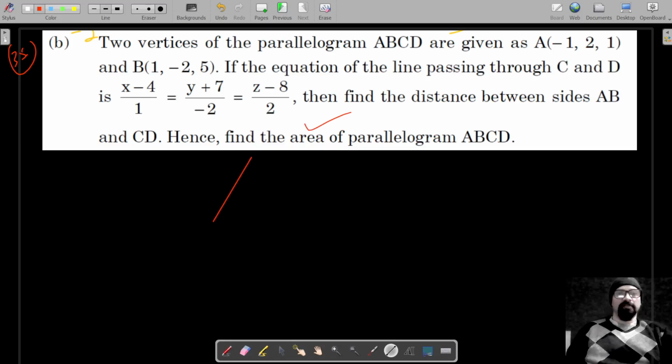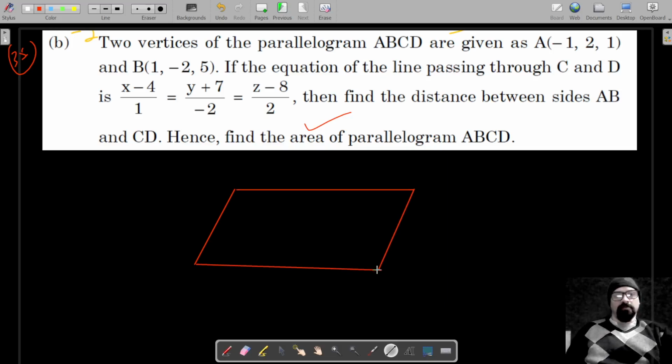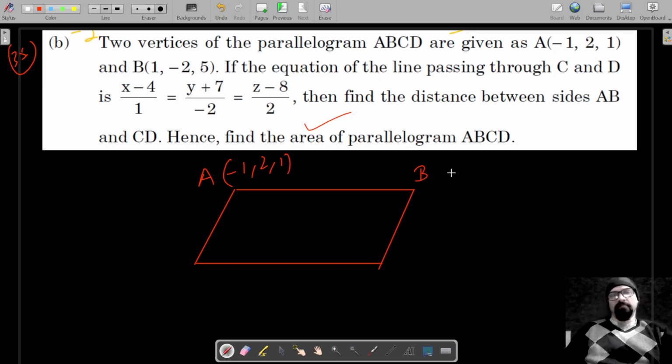So let's say this is the parallelogram ABCD. Let this be vertex A, which is negative 1, 2, and 1. This is B, which is 1, negative 2, and 5.